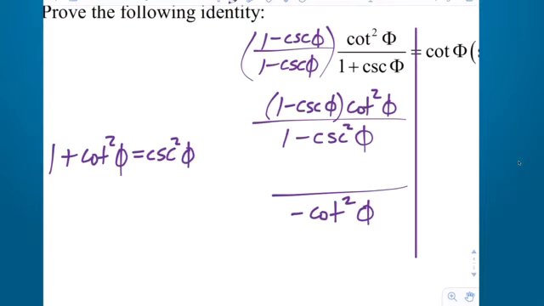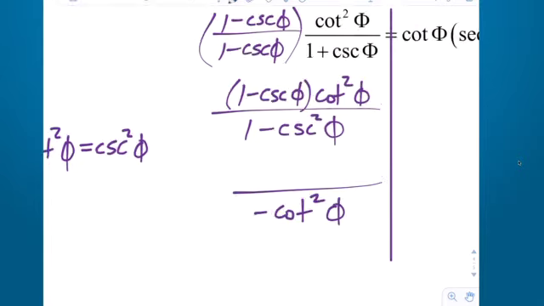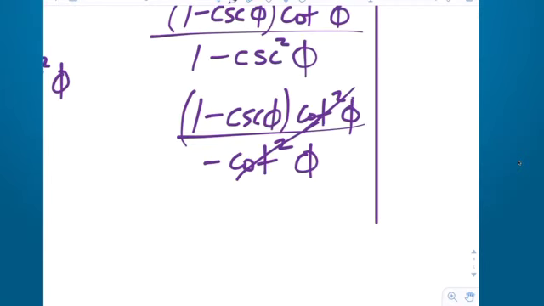It's like taking the wrong route on the map. And I have 1 minus cosecant of phi. So see why we left it factored? What are we left with in the numerator? If I still keep it factored, what happens with your cotangent squared of phi now? They divide out. Sweet. And I'm left with a negative 1.